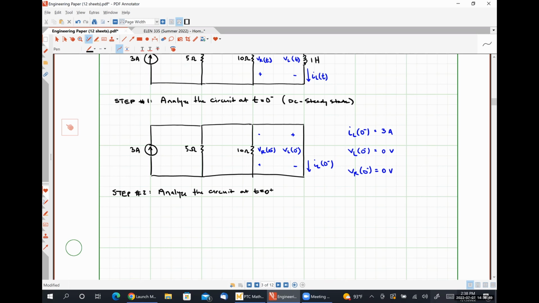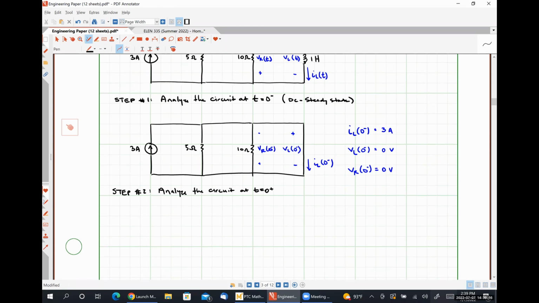Now, earlier when we were figuring out how things worked, we looked at the circuit for all time greater than and equal to t is equal to 0 plus. Step 2 here is just effectively taking a snapshot. We want to know exactly how it works at t is equal to 0 plus. We don't care about any other point in time, okay? So this is the beginning of the transient condition.